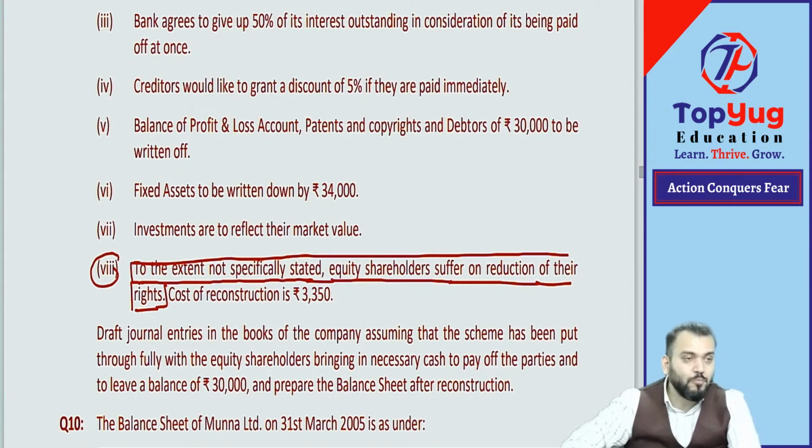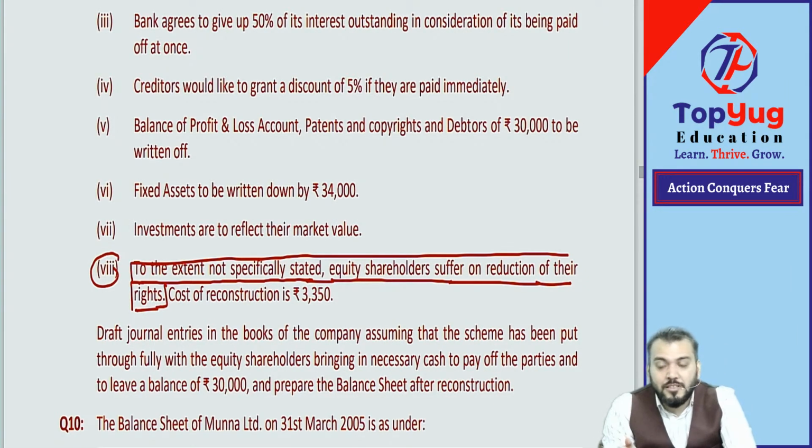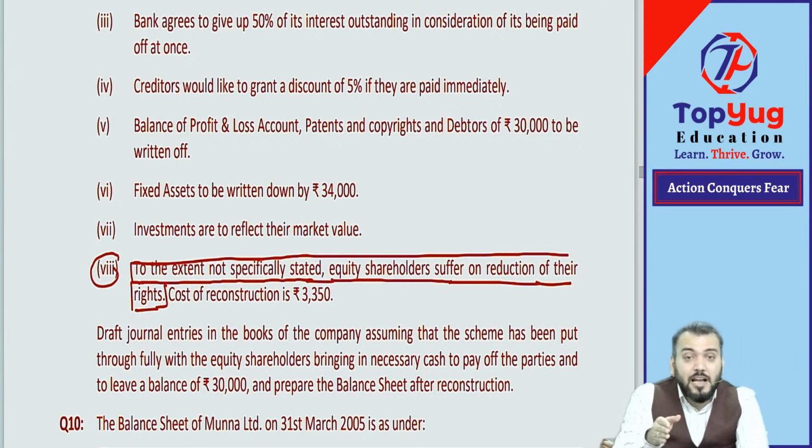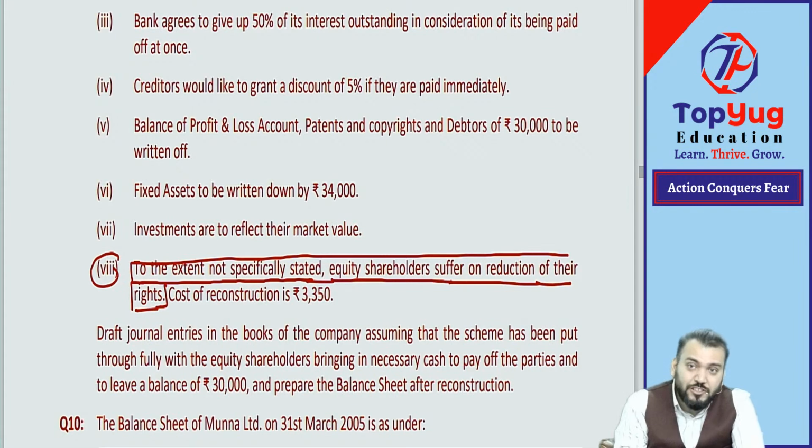What does it mean? Point number 8. 100% correct. To the extent not specifically stated. Means in all the questions we have done till now, they had already stated the amount of reduction made by equity shareholders. But in this question they have not stated. They have stated only about preference shareholders and debenture holders.